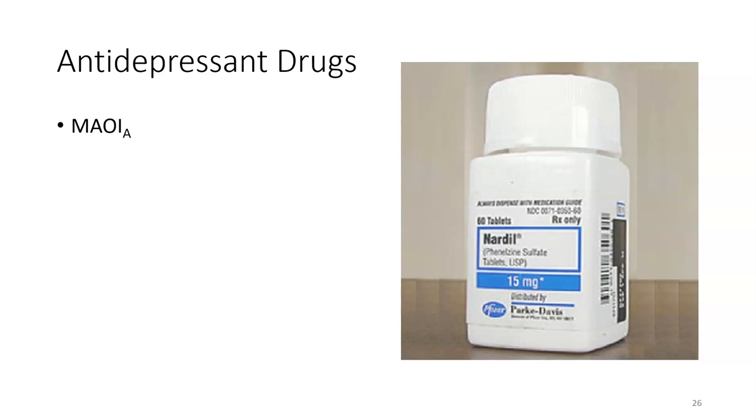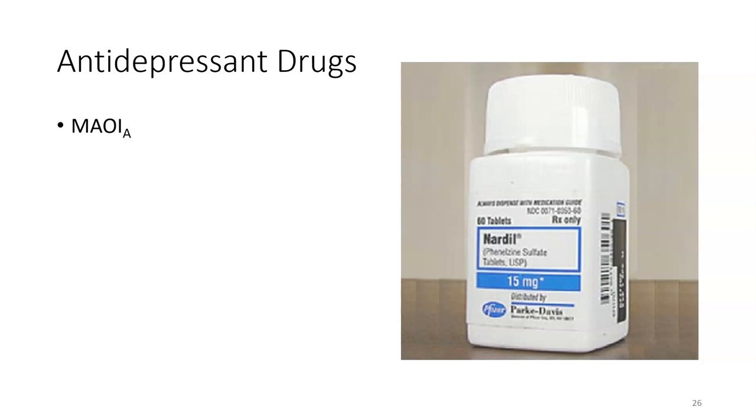So first are the MAOIs. I don't know why the author put this first because this is one of the least used classes of drugs. It has the most interactions. MAO is monoamine oxidase. These are monoamine oxidase inhibitors, and there's actually a specific type.